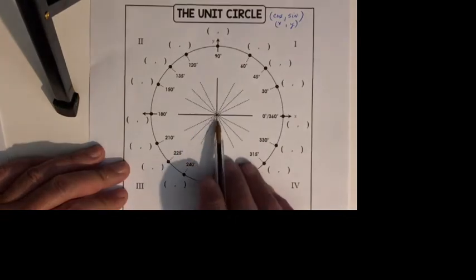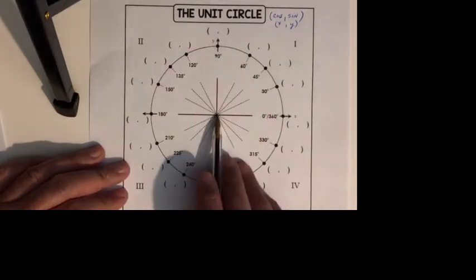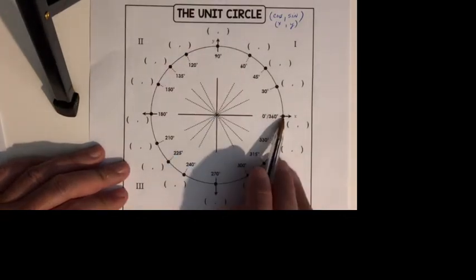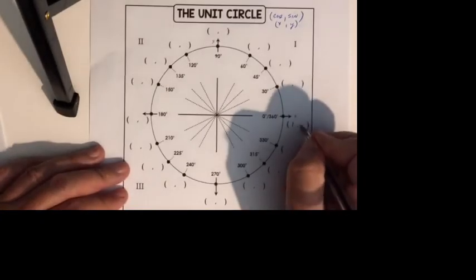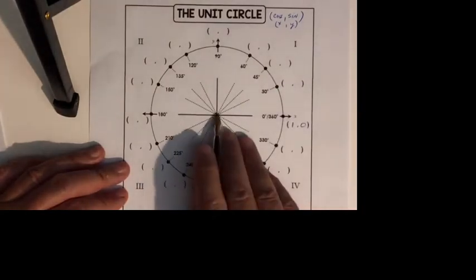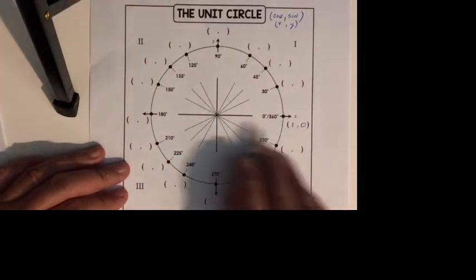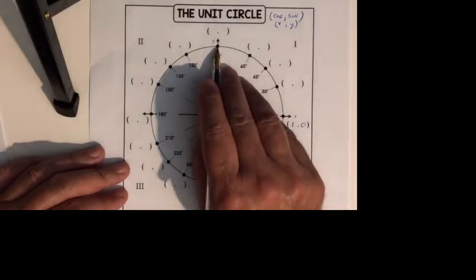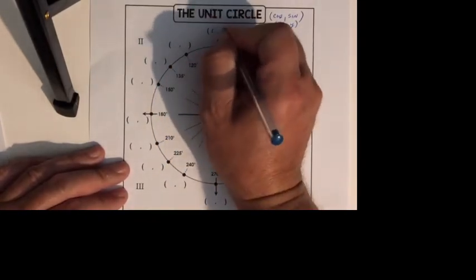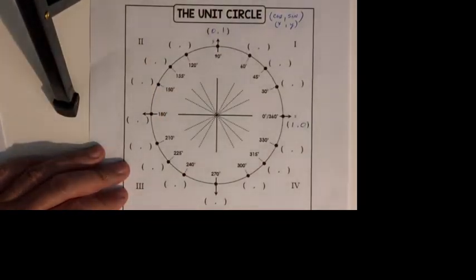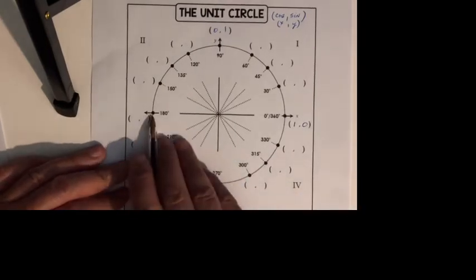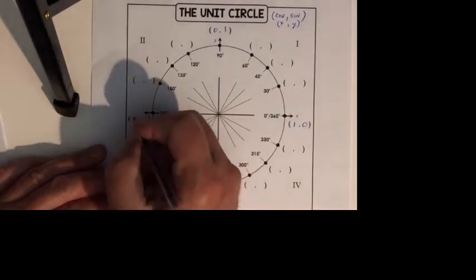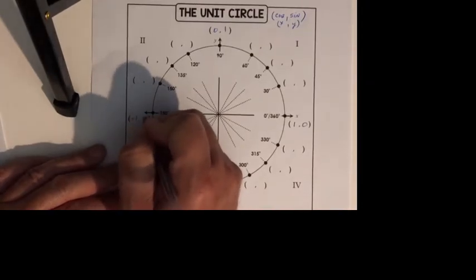Okay, now remember, this is a unit circle. So from this point to here, remember that's a 1, right? So that's 1, and it doesn't go up. So that's 1, 0, right? If I go from here to here, it's 1, 0. If I go from here to here, it's 0, 1. That's just basic graphing on a coordinate plane. And over here, we go left, -1, and then 0.